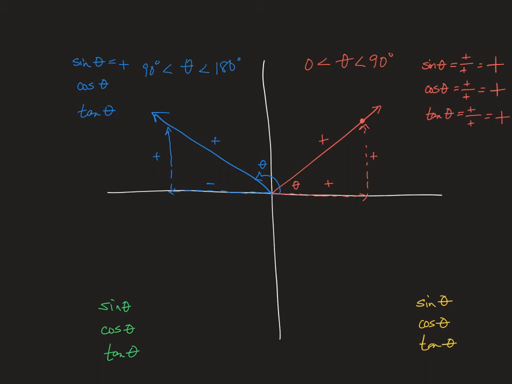But now when I calculate my cos, I know cos is adjacent over hypotenuse. My adjacent side is negative, while my hypotenuse is positive. And so when I calculate that, I get a negative value. You may also see then why the tan of any angle in the second quadrant, opposite over adjacent, gives me a negative value.